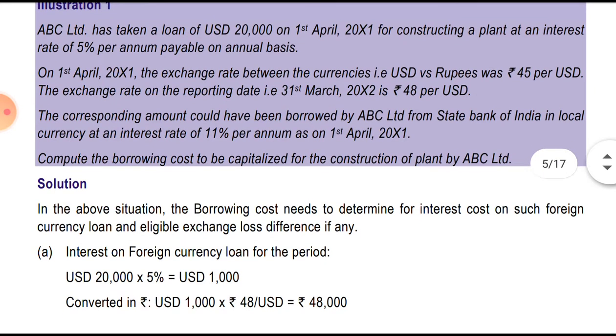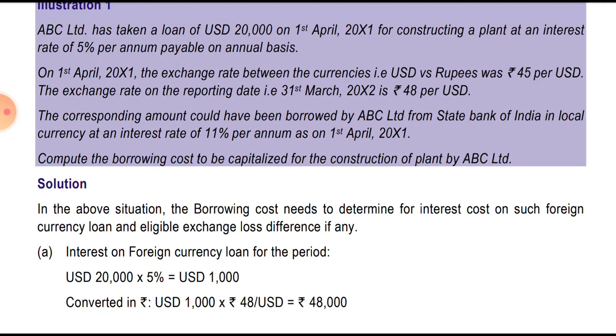Now if the loan would have been taken in Indian currency, the loan amount would be 45 into 20,000, that is 9 lakh rupees, and interest is 11% in India, so it will amount to 99,000 rupees Indian currency interest. So this 99,000 has been divided as 48,000 and 51,000. Basically this 51,000 will be capitalized in the borrowing cost.